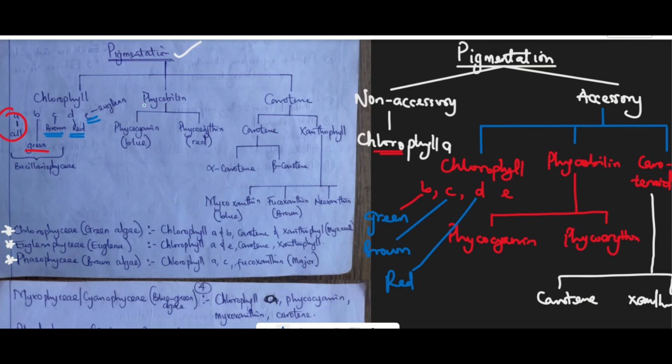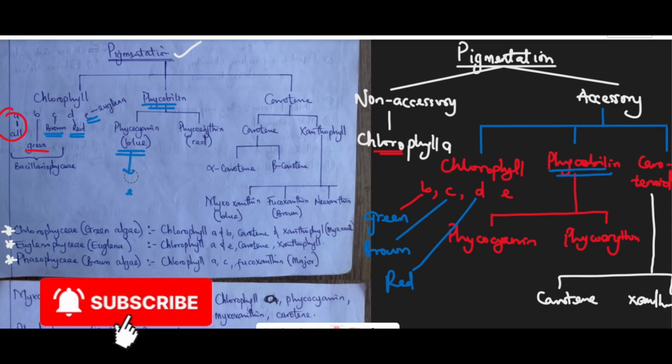Then the next is to go under phycobilin. Phycobilin still happens to be under the accessory pigment. But don't forget that phycobilin is divided into phycocyanin and phycoerythrin. What I will do here is follow the meaning. The meaning of phycocyanin: cyanin means blue, which means that I will look for the blue-green algae. The blue-green algae are the ones that will possess the phycocyanin.